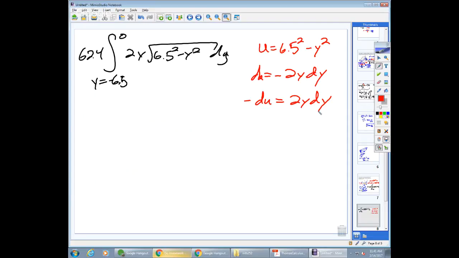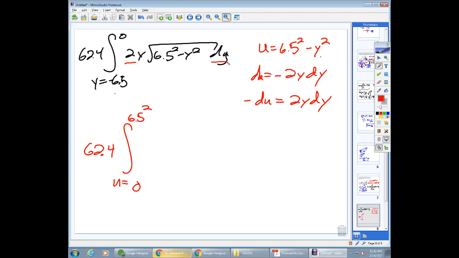So now, what are our bounds of integration here? If we plug in negative 6.5 for y, what's u going to be? 0. And if we plug 0 in, 6.5 squared. So we could rewrite this as 62.4 times the integral as u goes from 0 to 6.5 squared.